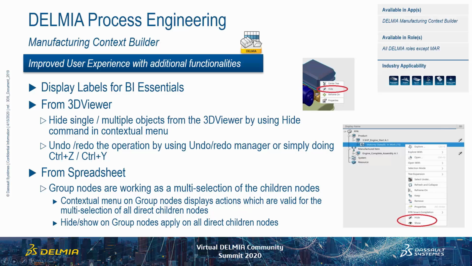New announcements related to the manufacturing context builder application, which is the application to do session preparation to get the right data to be loaded and to work on for each user.